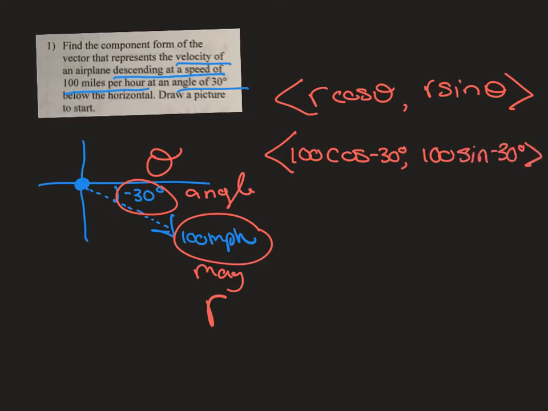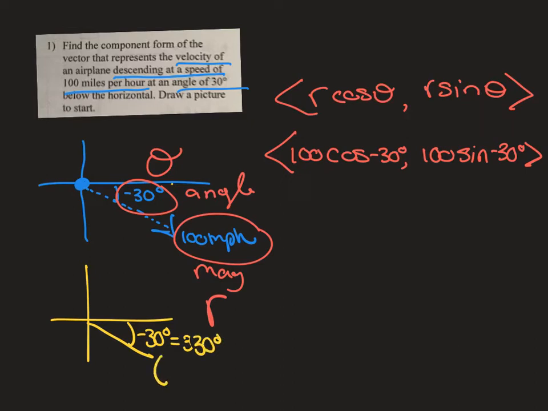You are welcome to use your calculator. I'm going to continue to lean on my unit circle knowledge. When I'm on the unit circle, if I go down here and I'm at negative 30, that means I'm at the same thing as 330, sorry, not 300, 330 degrees.